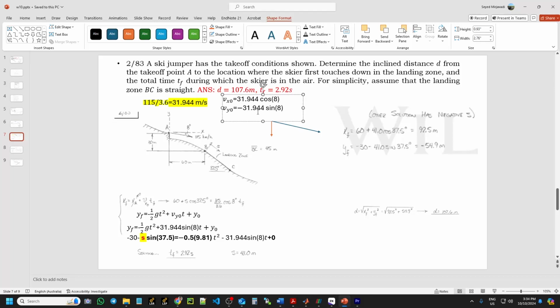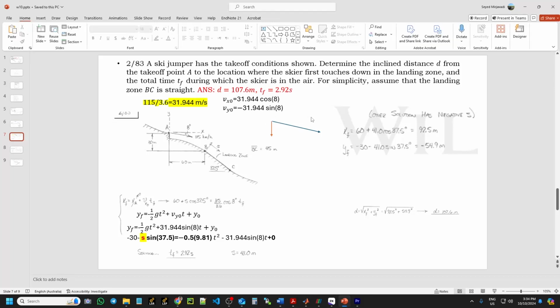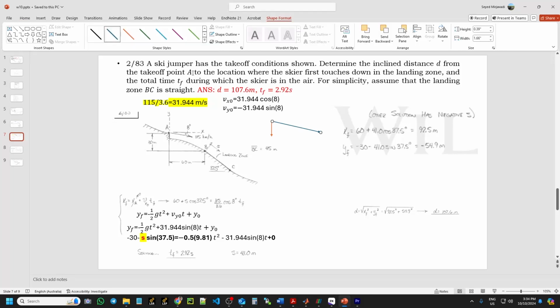Minus 31.944 sine 8, and the x component will be cos 8. The green one will be, because the angle between the green arrow and the blue one is 8 degree, therefore it will be cos 8 times 31.944, and make sure this one is positive, this is negative.